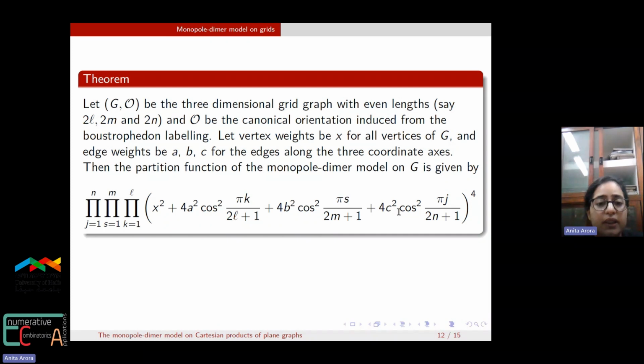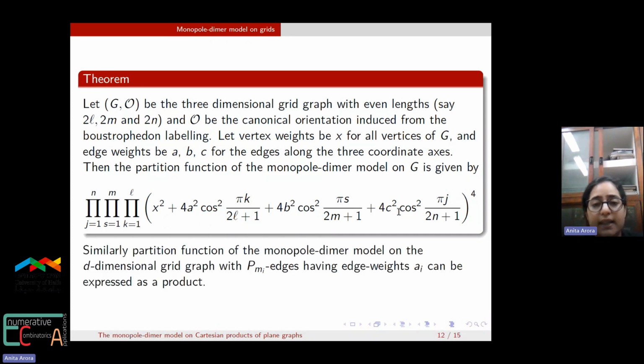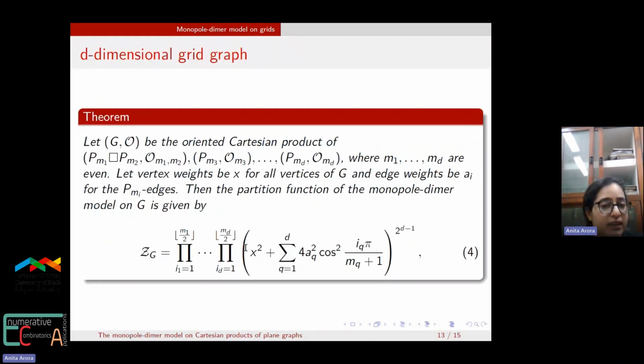And one thing to note about this product is that it's a fourth power of a polynomial, and these cosine terms need not be integers, but after taking the product it will always come out to be an integer polynomial. Similarly, we have done it for the d-dimensional grid graph.